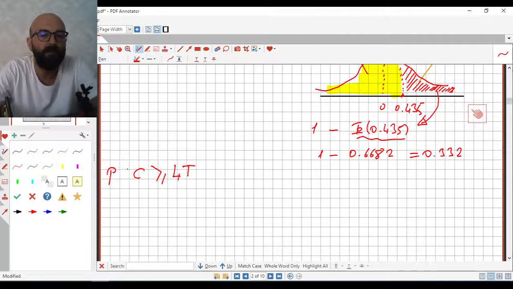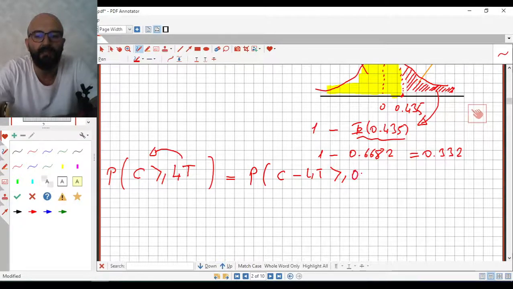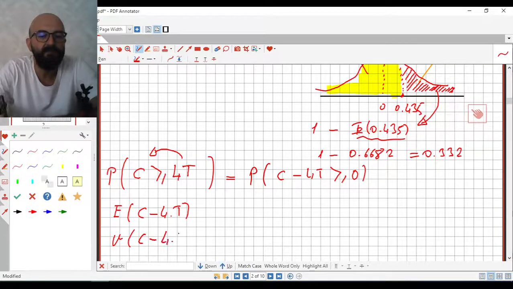We want the probability of C greater than or equal to 40. If I carry the other inequality sign over, it becomes the probability of C minus 40 greater than or equal to 0. First we should find the expected value of C minus 40 and the variance of C minus 40.